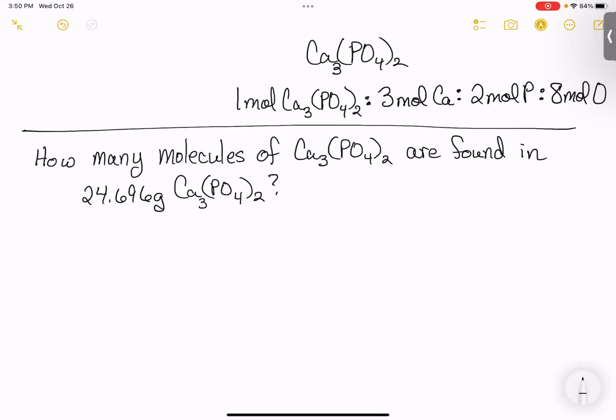I'm going to use very similar processes that I used with the metric.